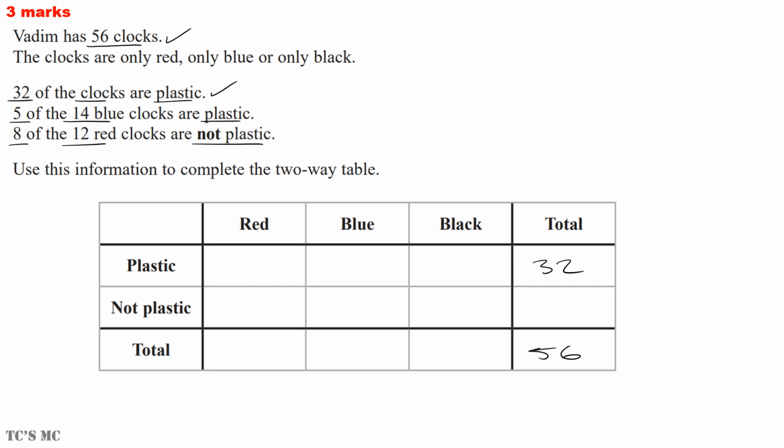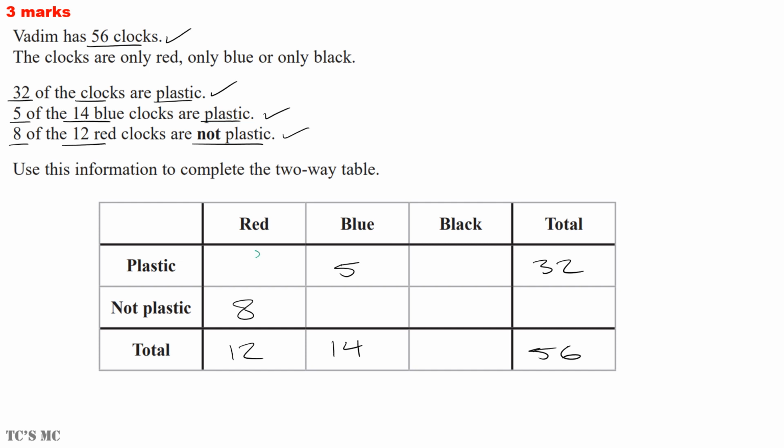That means there are a total of 14 blue clocks, and 5 of them are plastic. 8 of the 12 red clocks are not plastic. That means there are 12 red ones in total, and 8 of them are not plastic. For having all of these numbers in the correct places, we now have 1 mark.